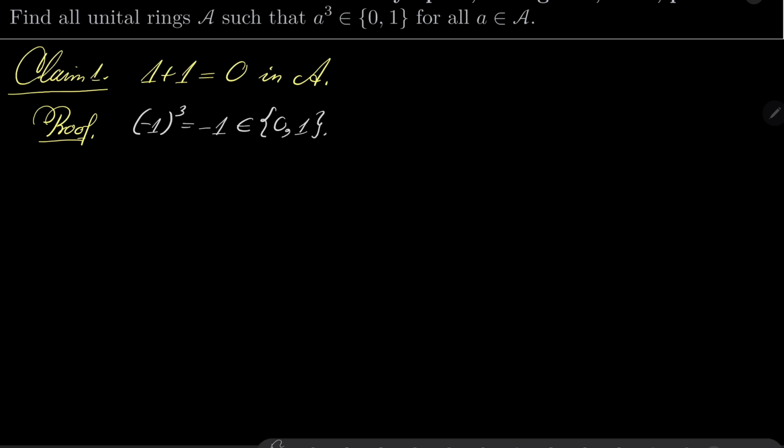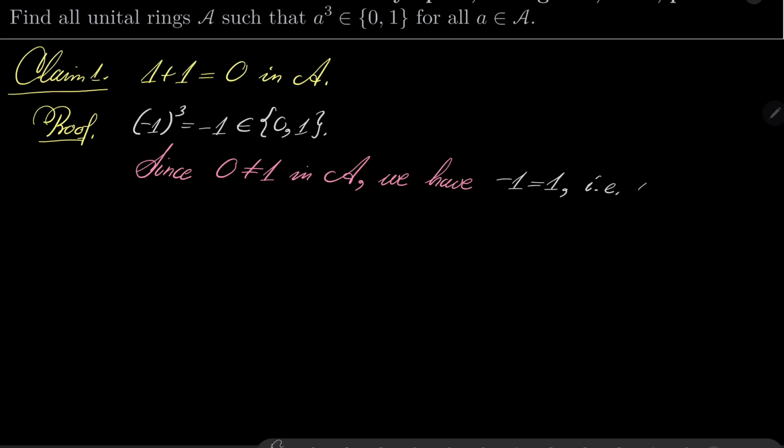Well, it's not 0 because we suppose that our ring is unital, so 1 is different from 0. So since 0 is not equal to 1 in our ring, we have that minus 1 equals 1, i.e. 2 equals 0, so 1 plus 1 is 0, which closes the proof of my first claim.